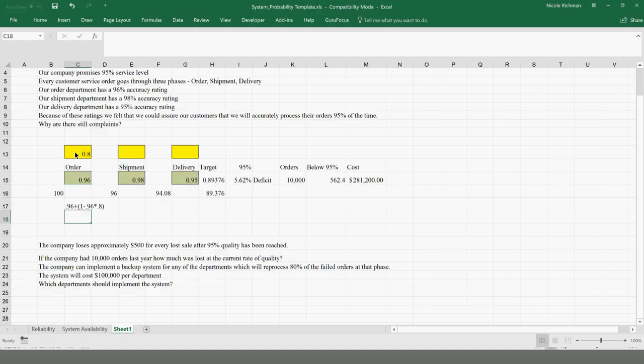So what is the actual quality level for this particular department?